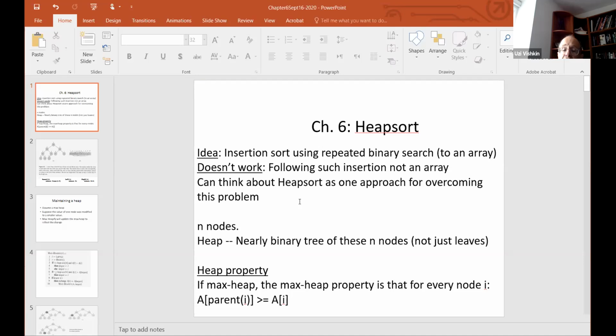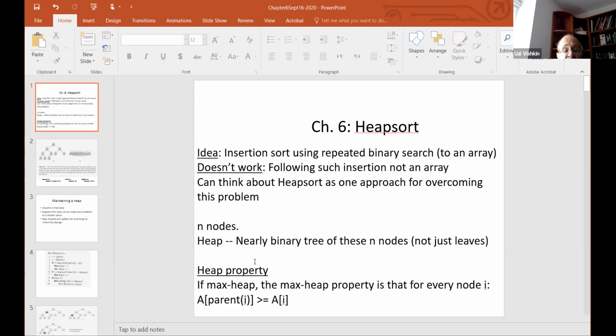And what you will see as a common thread among these approaches is that we are trying to bypass the problem of insertion sort. Why in insertion sort we didn't succeed? And using some different ideas, we'll see how we bypass this problem.